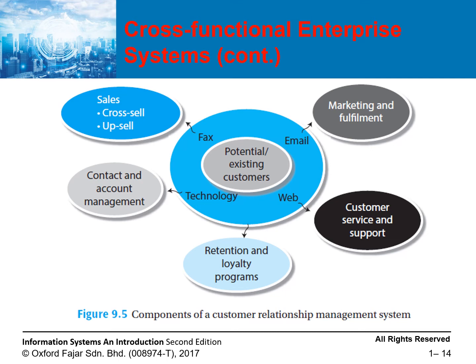So for the technology or the system, it can use email to integrate the relations between all of these components. We use email and also website, and also the technology, and also the fax.